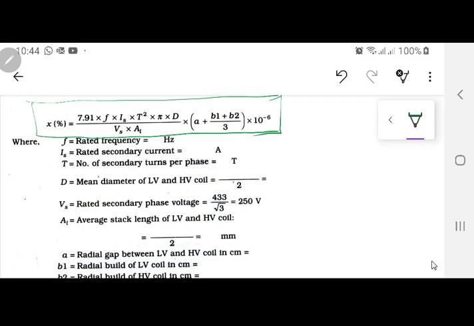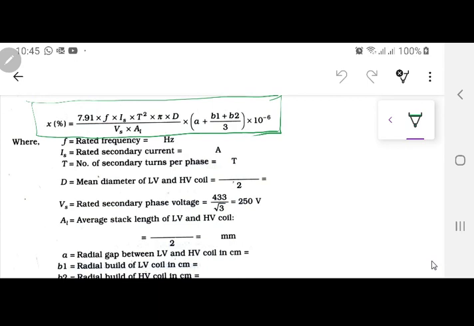Here F is the frequency, IS is the rated secondary current, T is the number of turns on the secondary, pi is again a constant factor, D is the mean diameter of low voltage and high voltage. So whatever mean diameter you found for the low voltage and high voltage, take their mean, that is going to be D. Then in the denominator you have Vs, which is the secondary phase voltage again.